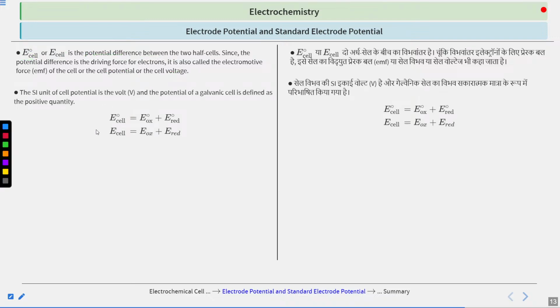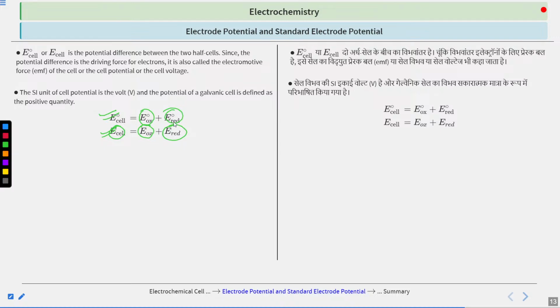So suppose you know the oxidation potential of one electrode and the reduction potential of the other. Okay, this is one case. Or if you know the E oxidation, which is not at standard condition, and you know the E reduction, then in both cases you can calculate the EMF of the cell. But you should remember that E naught oxidation is for the species undergoing oxidation, and E naught reduction is for the species undergoing reduction. That is being written here.